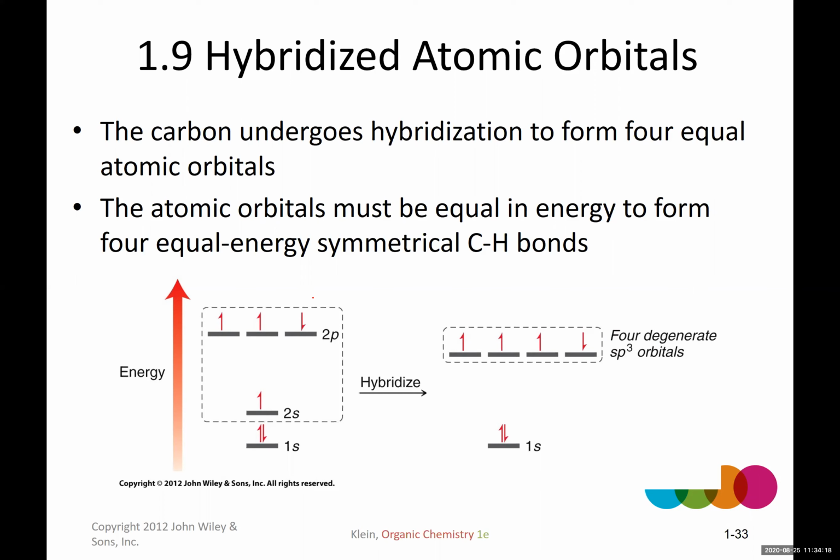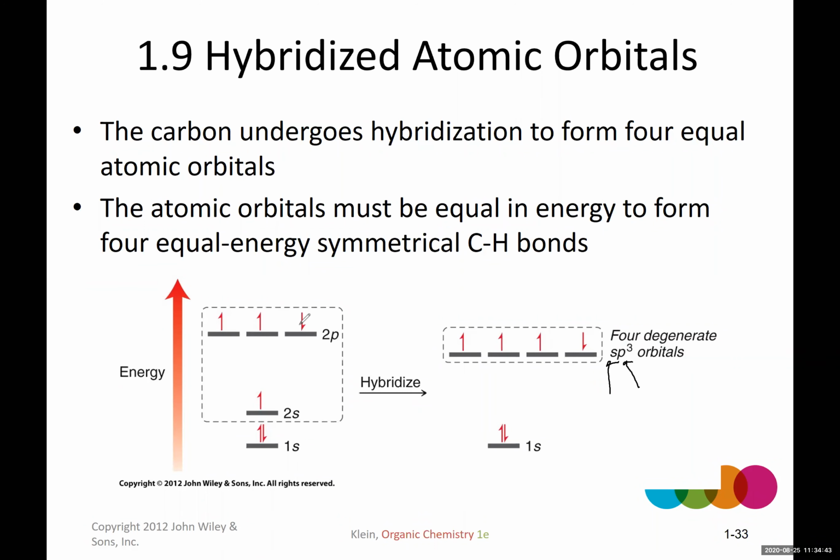So we start out with 4 atomic orbitals, a 2s and 3 2p's, and we end up with 4 of these hybrid orbitals. They're degenerate orbitals, meaning they're the same energy, and they're called sp3 orbitals, which is a great name for it because it's constructed from 1 s-type orbital, the 2s, and 3 p-type orbitals, the 3 2p's.